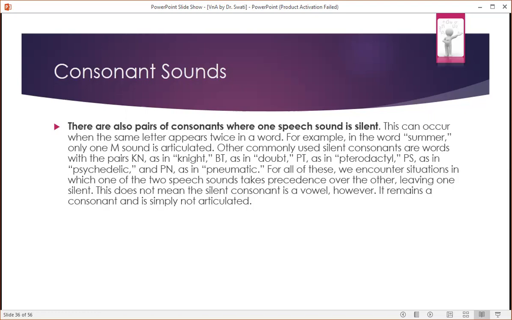PS in psychedelic, where again P is silent. PN, a combination of PN, again P is silent, and it is pronounced as pneumatic. So in all these words we encounter situations in which one of the two speech sounds takes precedence over the other, leaving one silent.